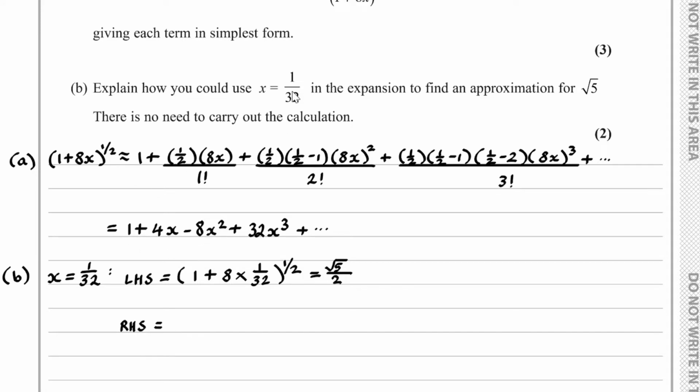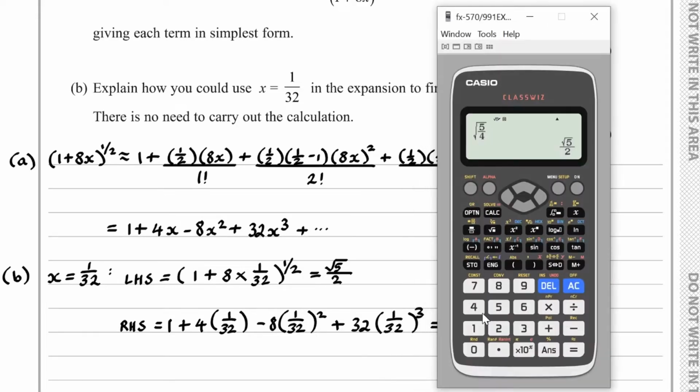and on the right hand side, substituting x equals 1 over 32 into the right hand side, we have 1 plus 4 lots of 1 over 32, minus 8 lots of (1 over 32) squared, plus 32 lots of (1 over 32) cubed.